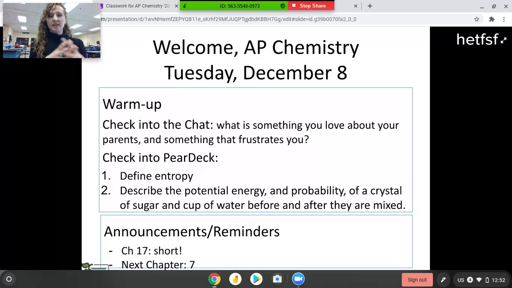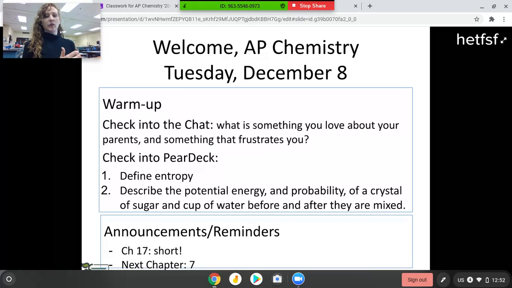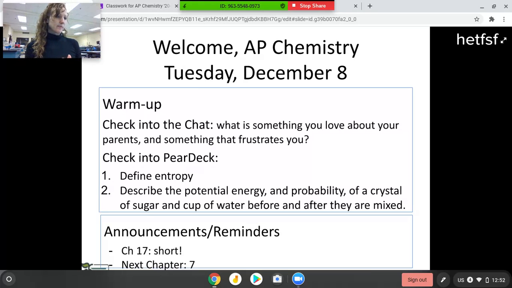When sugar and water is mixed, does it become less ordered or more ordered? Okay, so I see some good processes happening here.